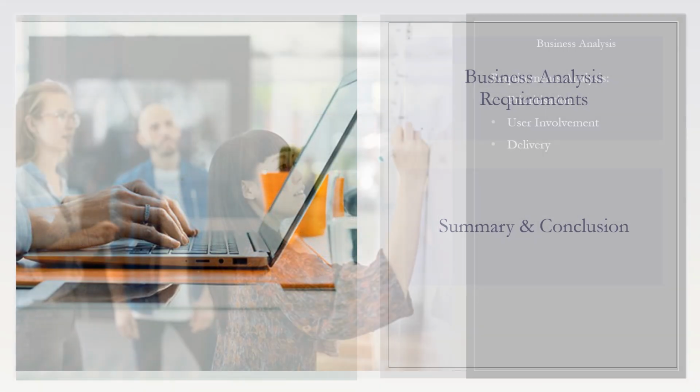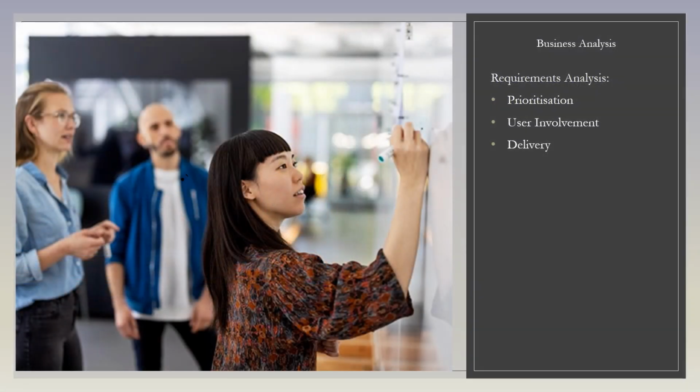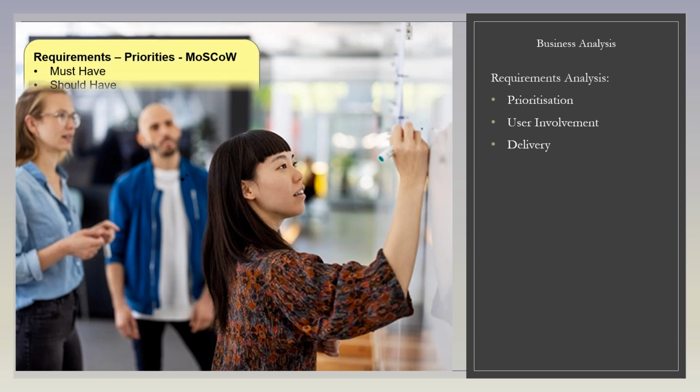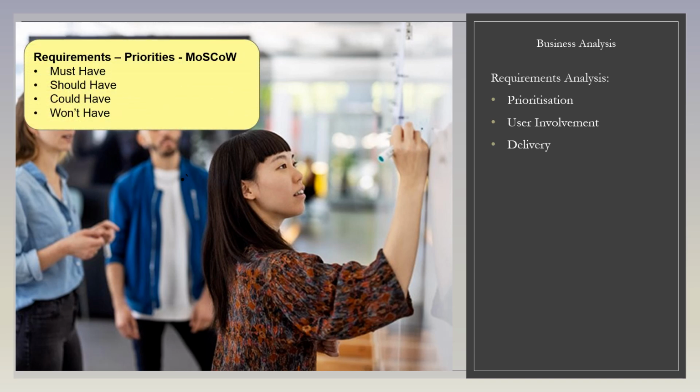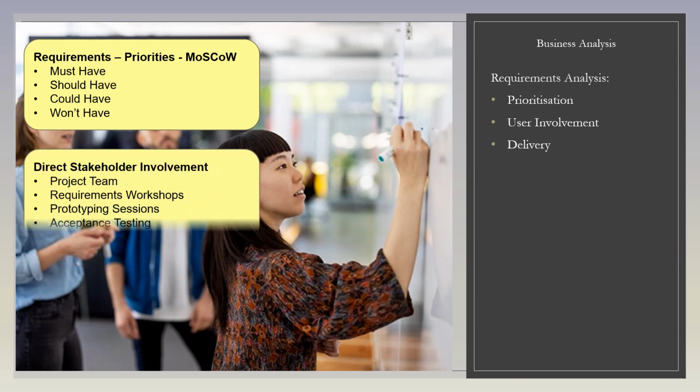So, to sum up a few key points, it is essential to prioritise requirements. Requirements don't come out of thin air. They come from the business, from business stakeholders. So you need direct stakeholder involvement in your project through the project team and activities such as workshops, prototyping and testing.